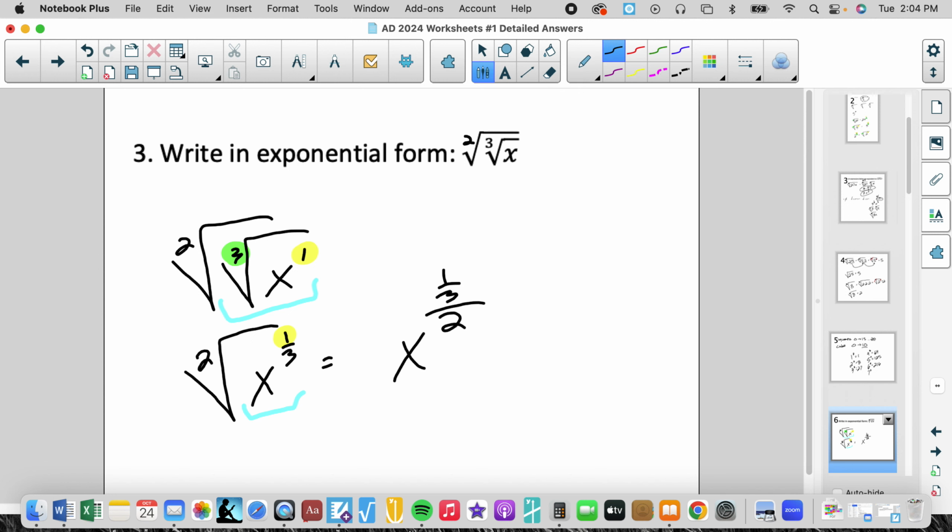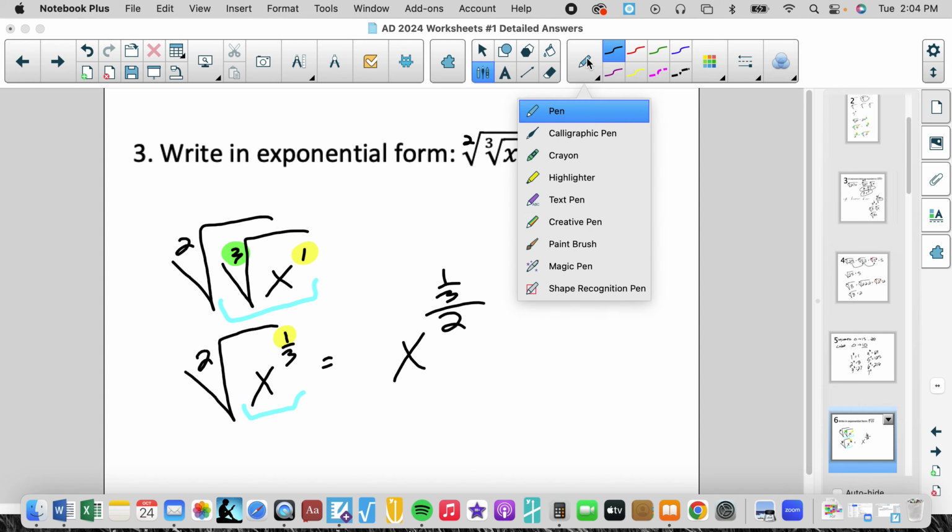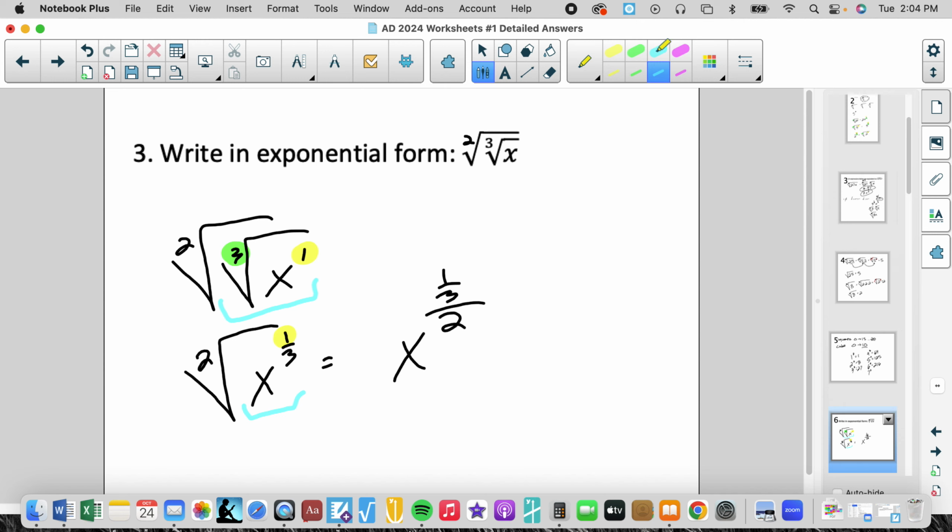Now we're going to take this, and this is its power. That's why it went up in the numerator. And this is its radical, or root. So that goes in the denominator.